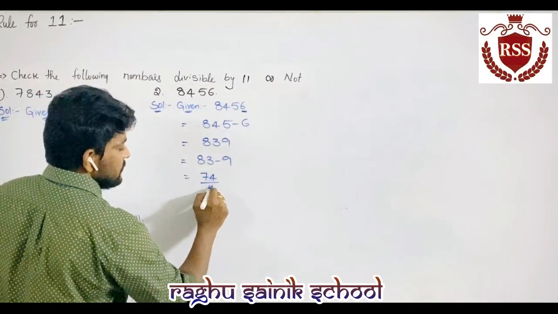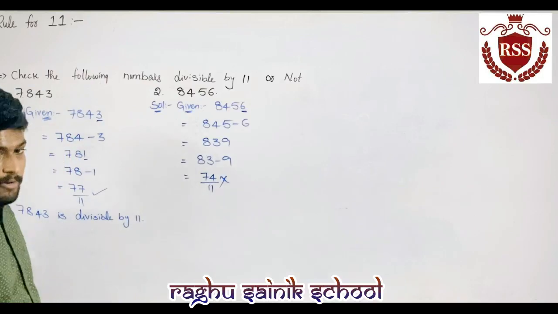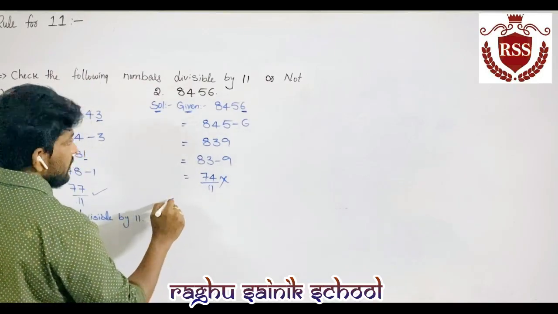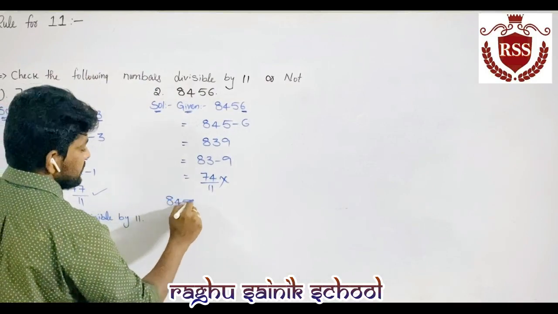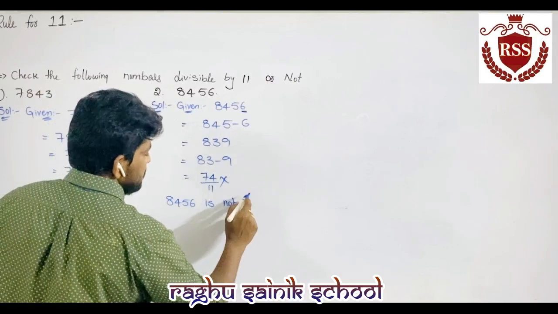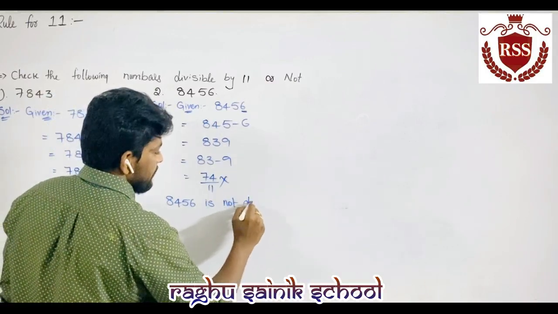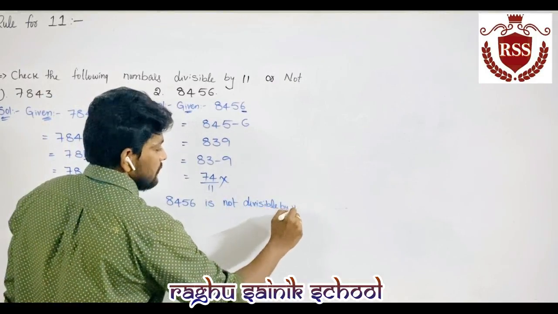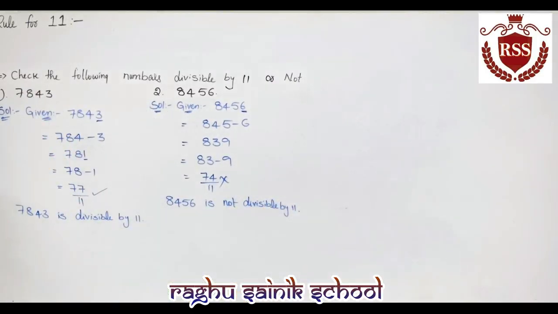Is 74 divisible by 11? No, 74 is not divisible by 11. So 8456 is not divisible by 11.